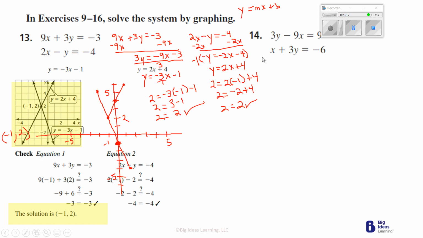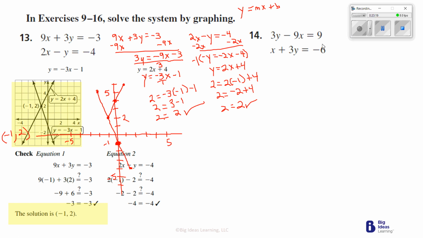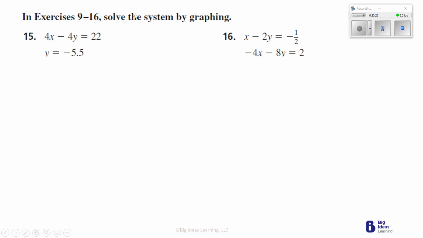All right, you have number 14 to do. Oh, okay, so now we have this set here, and once again, we're going to take this and move some letters around. And that's going to give me -4x over here.